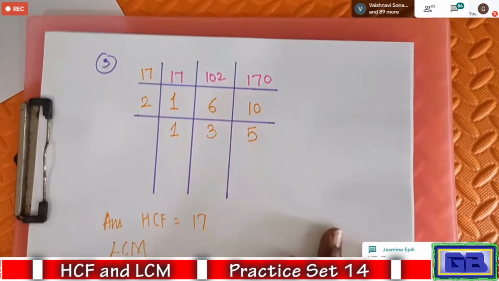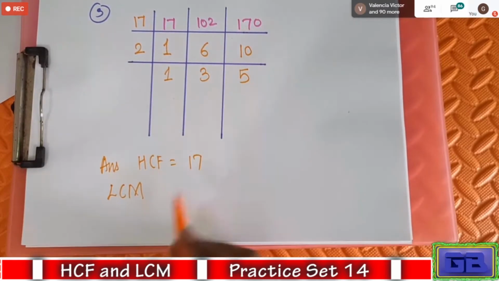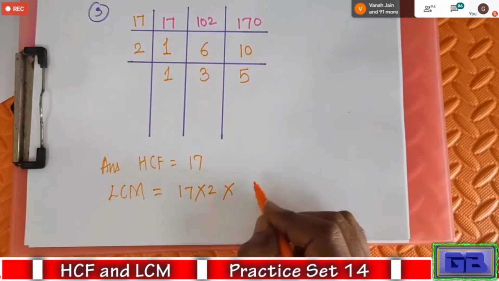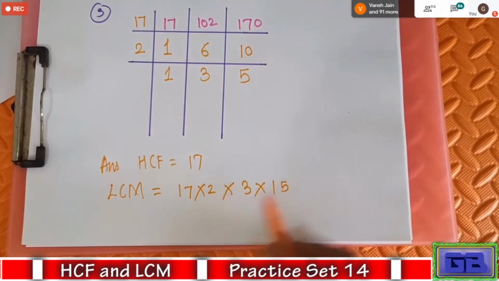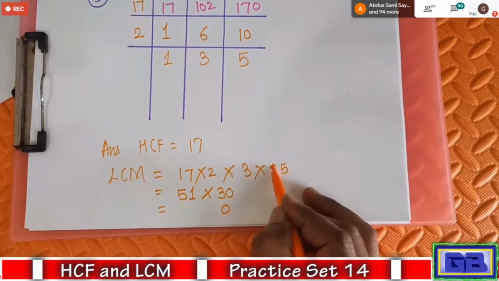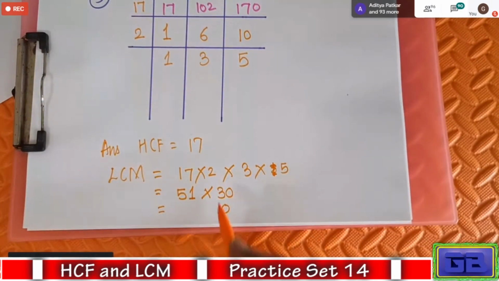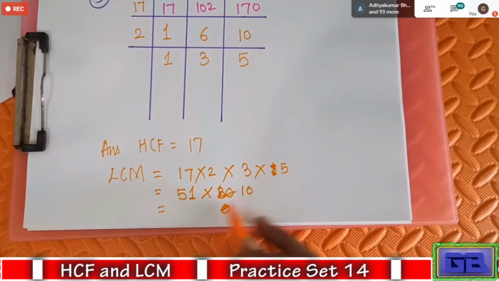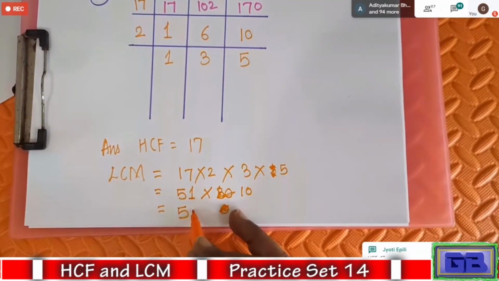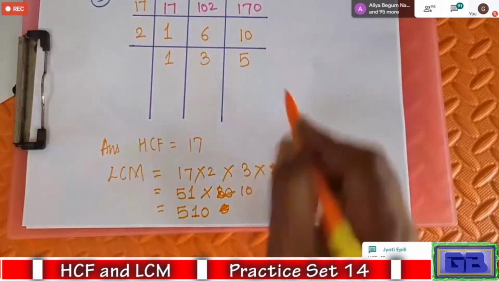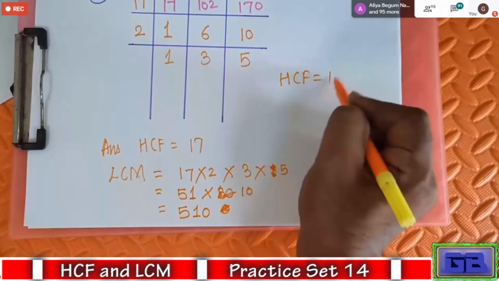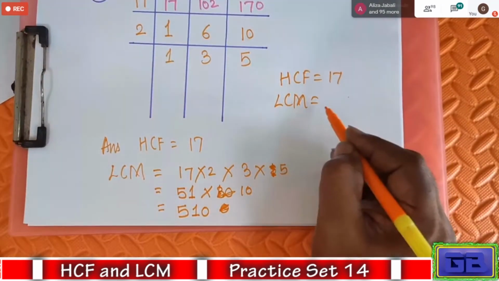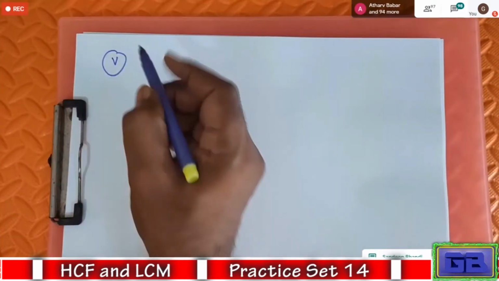LCM equals 17 into 2 into 3 into 15. Sorry. Here 5, it is 10. Just wait. By mistake I took 15 here. 5 into 10 will come. 51 multiplied by 10 equals 510. Therefore, HCF equals 17 and LCM equals 510.